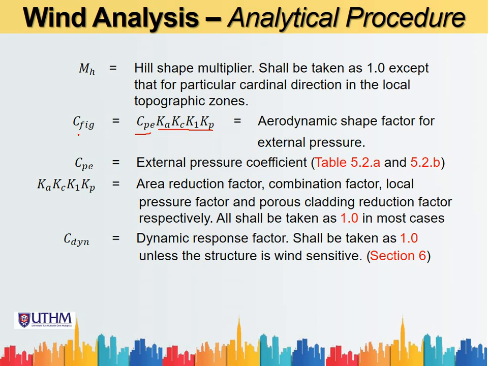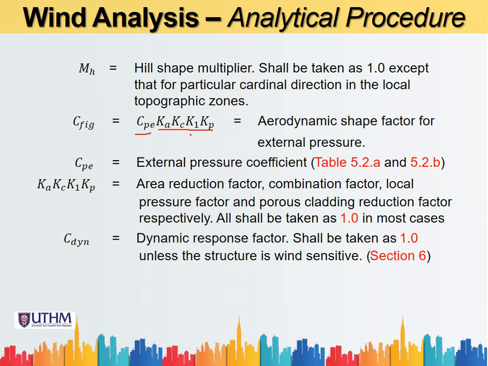So again, the aerodynamic shape factor for the external pressure is the external pressure coefficient multiplied with Ka, Kc, K1 and Kp, and basically all these values for Ka, Kc, K1 and Kp are equal to 1 unless stated otherwise, and we can refer to these values in appendix C.